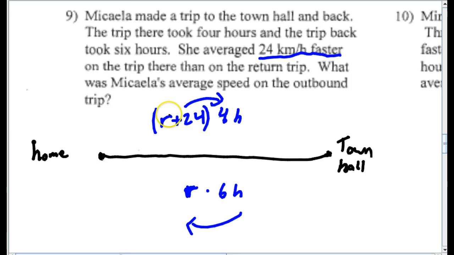And we're trying to find the average speed on the outbound trip. So outbound would be leaving, and inbound would be coming back.